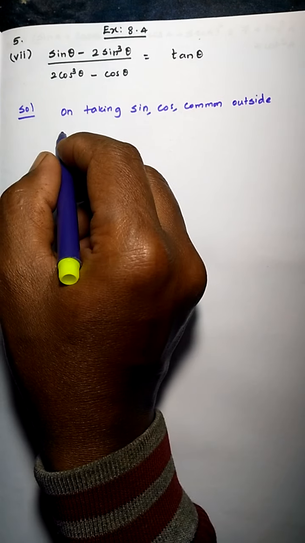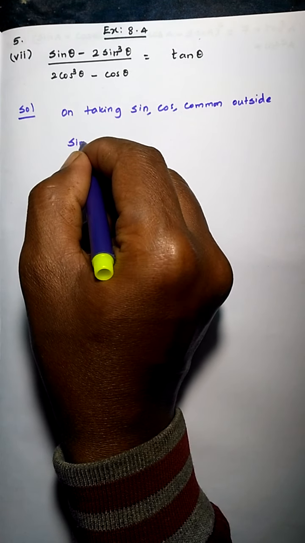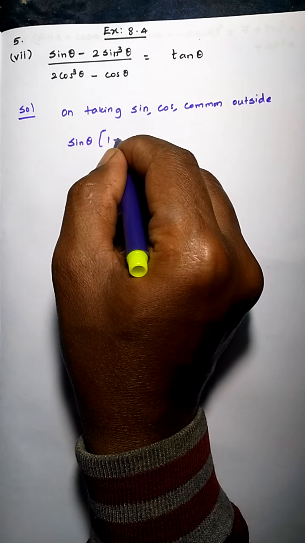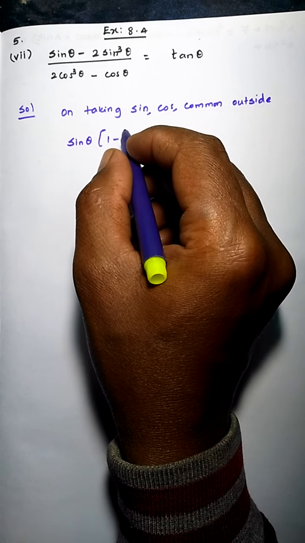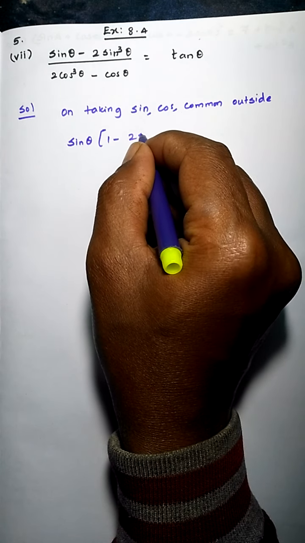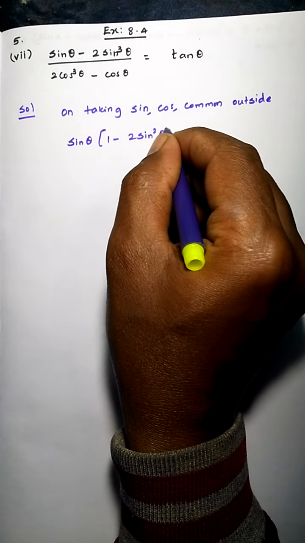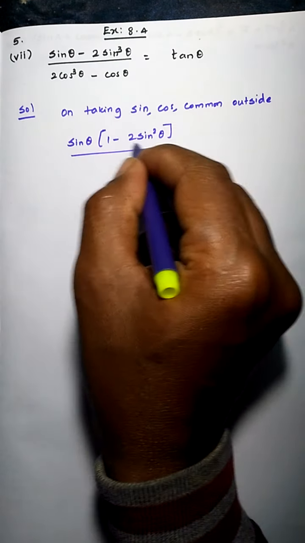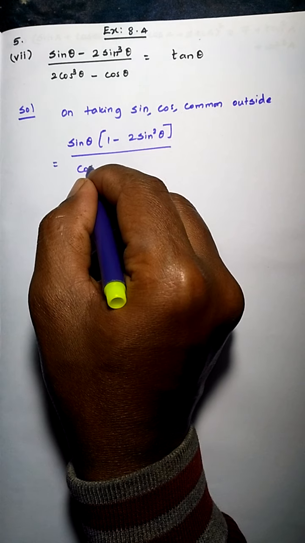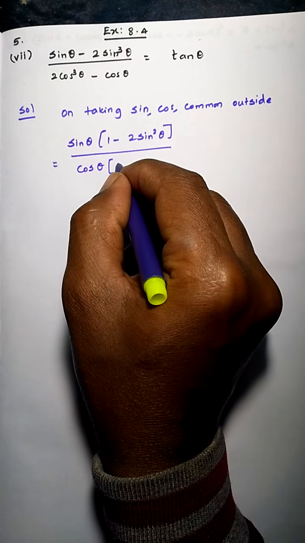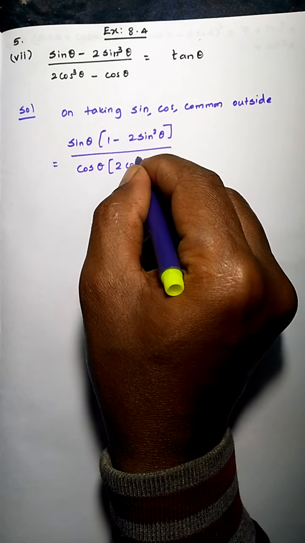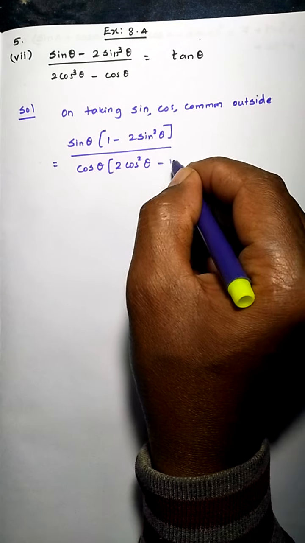If we take sine common in the numerator, the remaining will be 1 minus 2 sine square theta. And in the denominator, if you take 1 cos theta outside, the remaining you will have is 2 cos square theta minus 1.